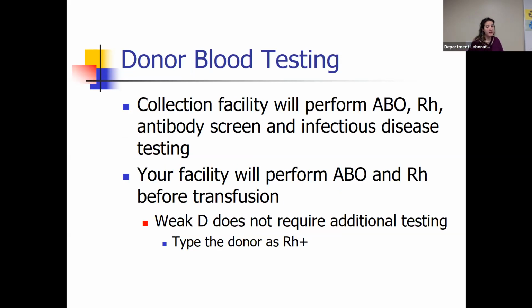For your donor blood, your collection facility is going to perform the ABO-RH, the antibody screen, and the infectious disease testing, just like we've already mentioned. Once that unit is received at the hospital where it's going to be transfused, you must reconfirm that ABO-RH, all right?